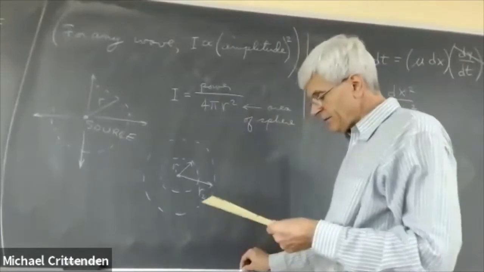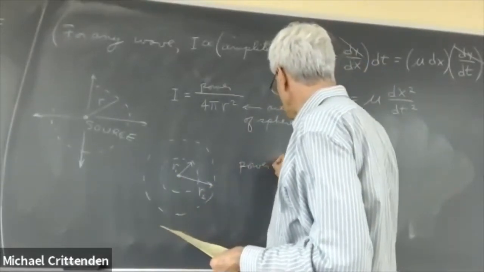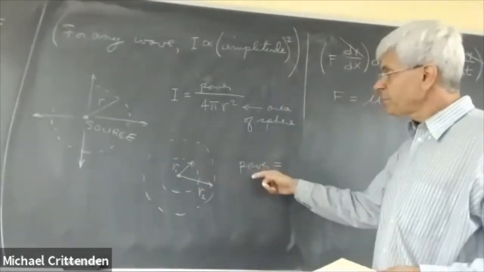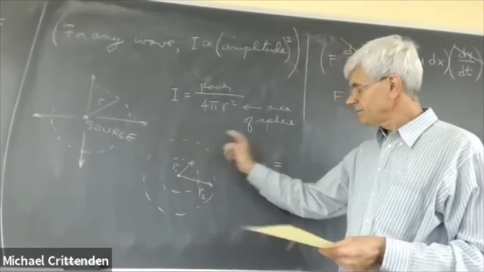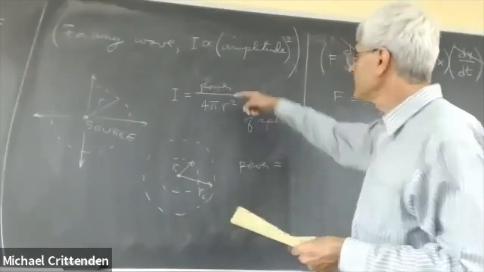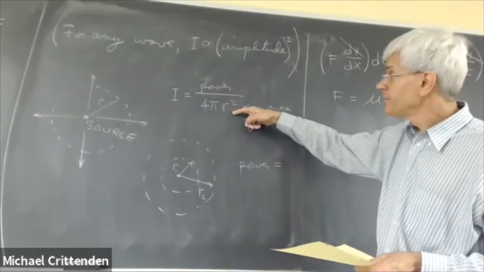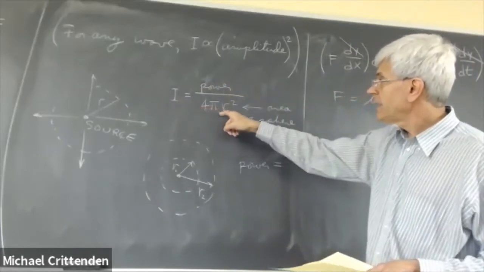Because of conservation of energy, you have to have the same power, the same energy per unit time flowing through both of these imaginary spheres. If I is equal to the power over the area, the power equals I times the area.